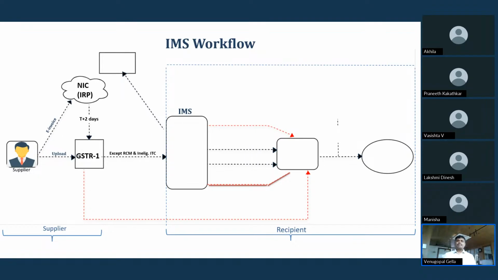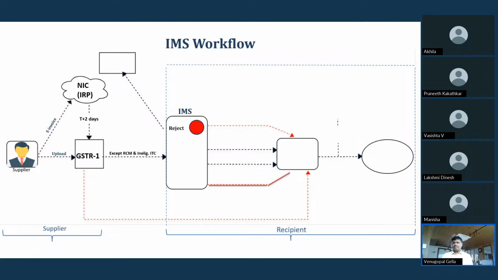Except these RCM and ineligible records, which I have explained in the previous slide, all records will move to IMS. And I will be taking an action. What's the action? I can say I am rejecting this invoice. I am a recipient, I'm rejecting the invoice. What would happen if I reject an invoice? I am saying that I don't want the credit.